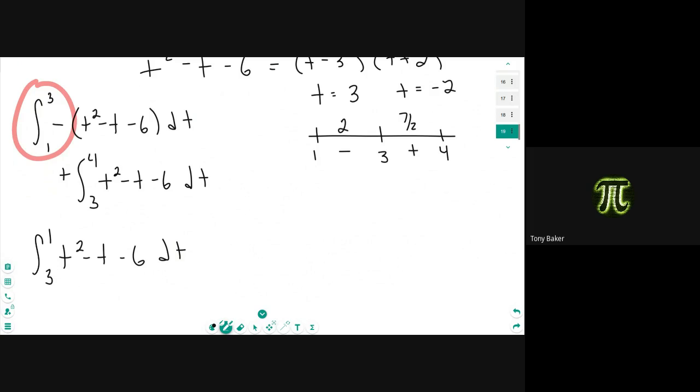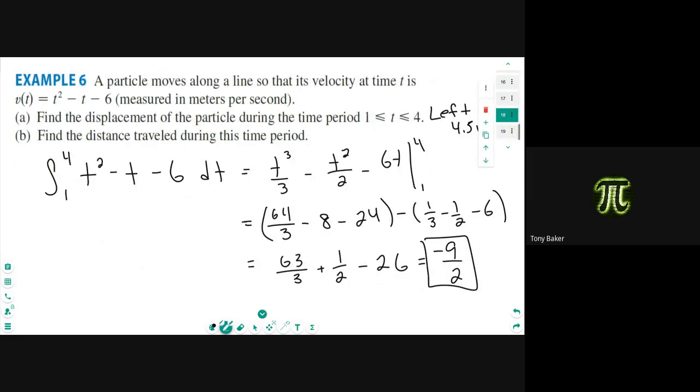Now, why would I want to do that? Because I already have the integral of t squared minus t minus 6. This saves me a step. I don't have to redo it. I already know what that answer is. I already have that problem. I have it back here.